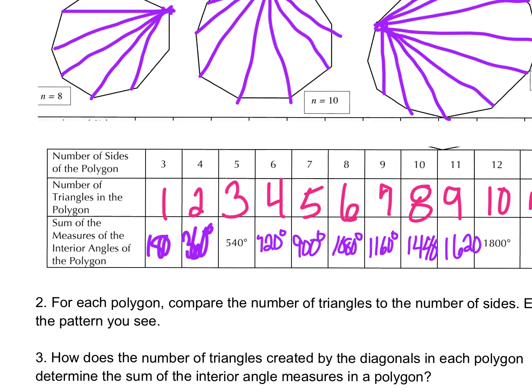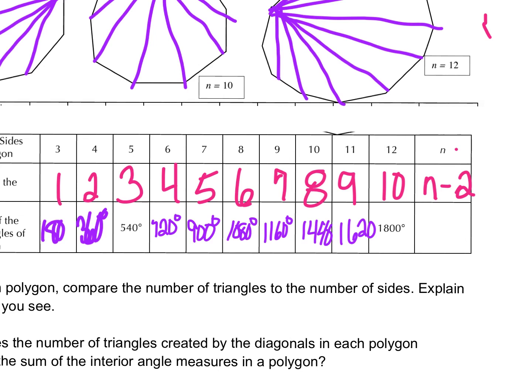And 10 triangles would be 1800. So this pattern follows 180 times the number of triangles.